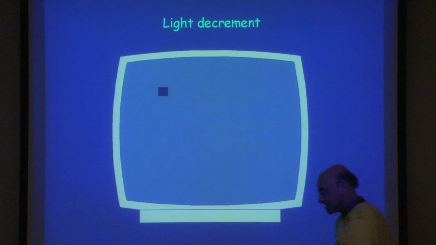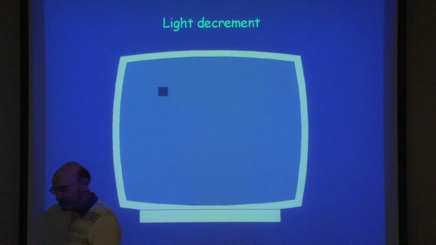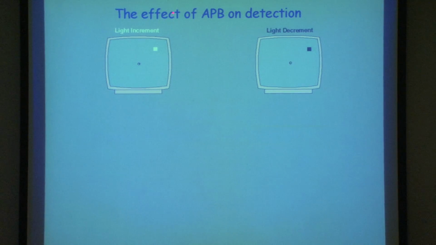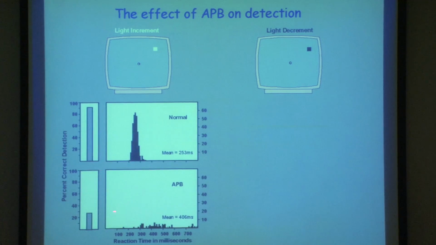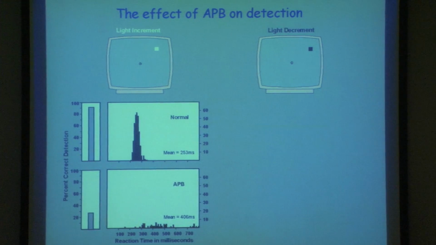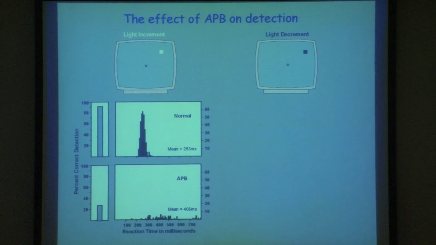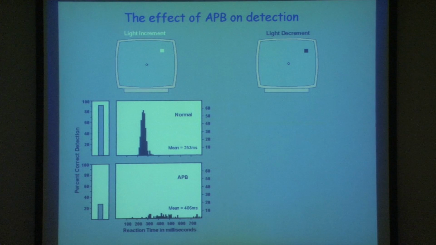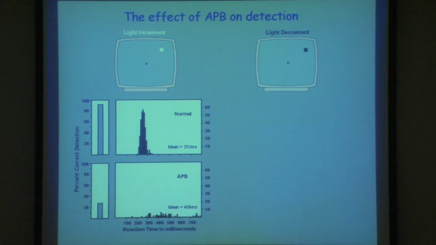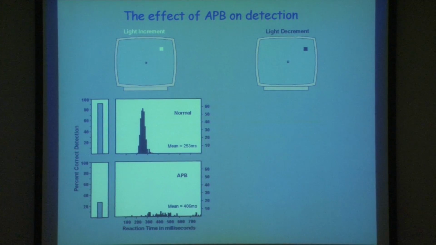If you do that, luckily, one gets a very clear-cut and dramatic result. Here is the section where I will show you data for light increment, and here's a section showing data for light decrement. What you measure here are two things: the monkey's percent correct performance, and his saccadic latencies to make a saccade to the target.